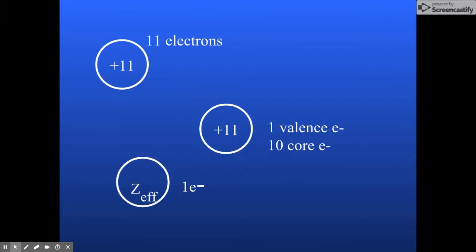The 10 core electrons are going to shield it from feeling the full power of its attractiveness. So that attraction is, again, effective nuclear charge. And we can use that as an explanation for some of our trends. So again, it's the protons, but you have to take into consideration the shielding by those core electrons.